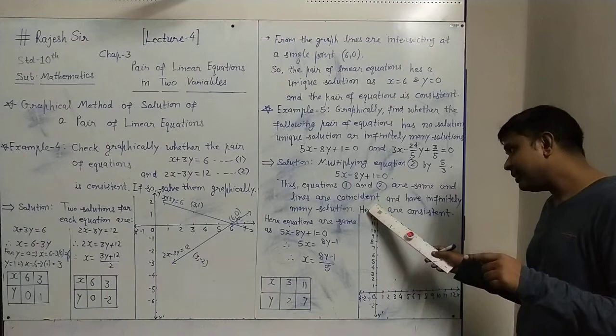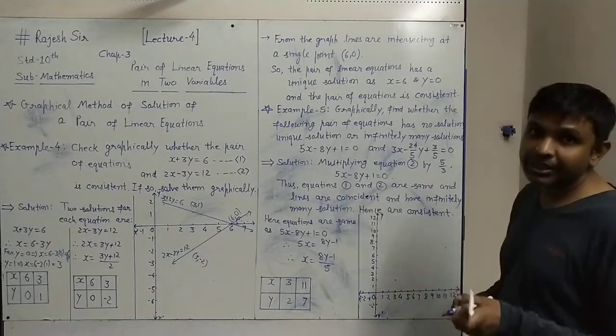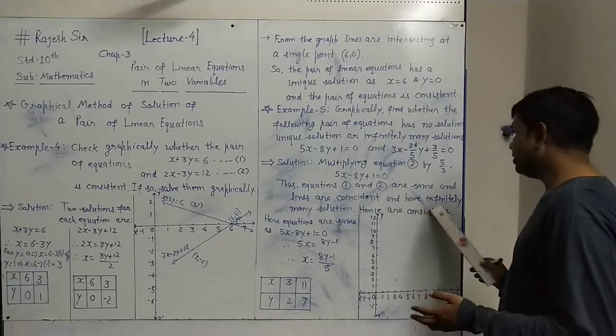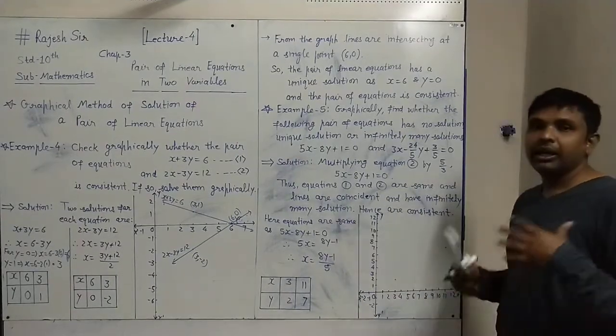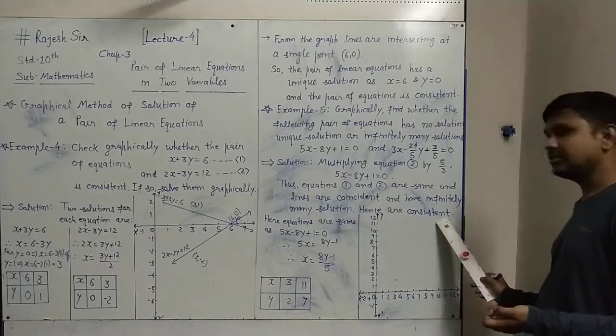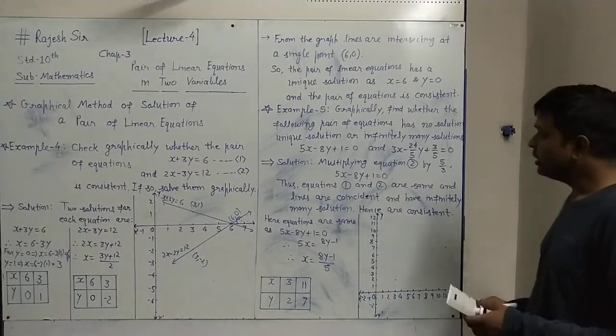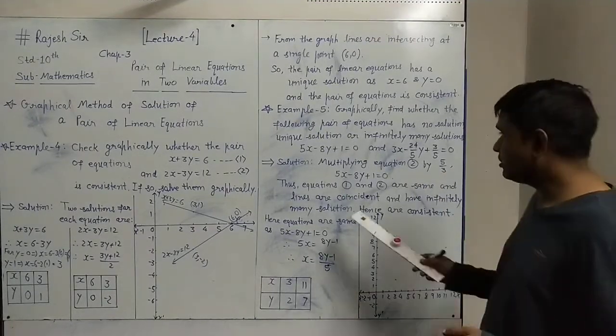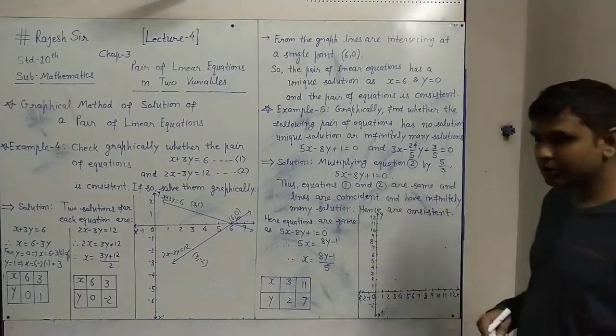If lines are coincident, in the last lecture we have seen they will have infinitely many solutions. And if lines are coincident, they are also called consistent. This is the conclusion we can give before the graph, but we will confirm it with the graph also.